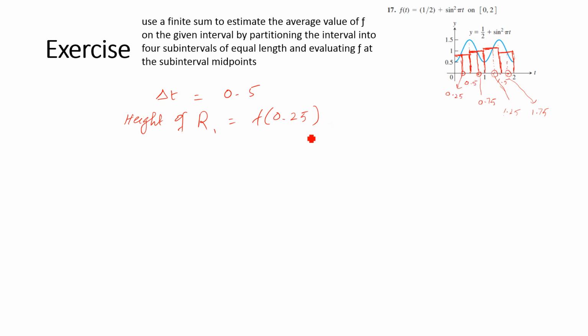Similarly, r2 is equal to f of 0.75, and the height of r3 is f of 1.25, the midpoint of that interval. And the height of r4 is the value of the function at 1.75.